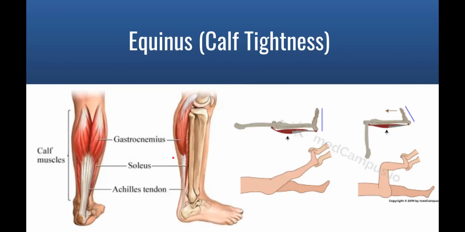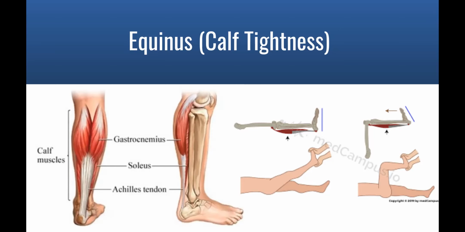So next slide, I'll talk about equinus, which is a fancy medical word for calf tightness. Looking at the picture here, the main 2 components of the calf muscles are your gastrocnemius and soleus muscles. Those combine and form your Achilles tendon, which then inserts down onto your heel bone. And so these are the areas that we're focusing on when we say calf tightness.